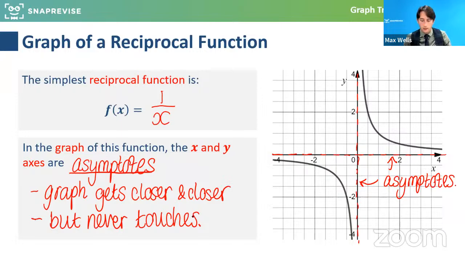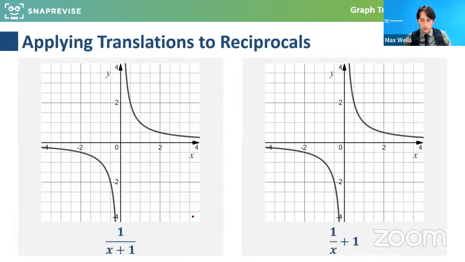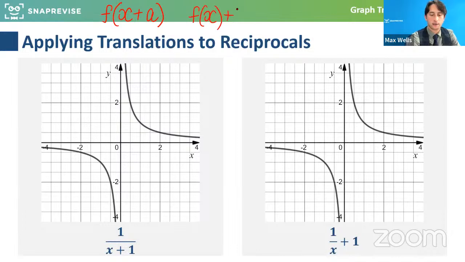Here we are. To start with, we're going to look at applying translations to reciprocal graphs. So hopefully we recognize translations were, these kind of things, where we add or subtract in the function or outside of the function.